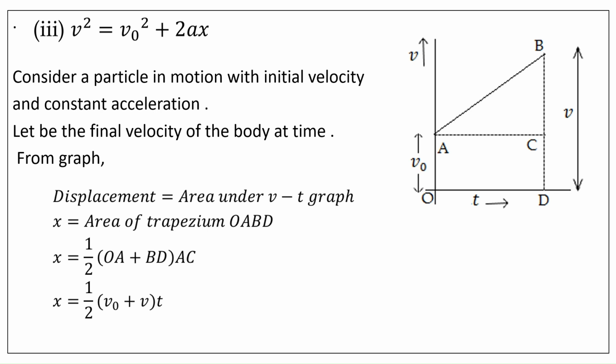That is, x is equal to the area of trapezium OABD. x is equal to 1 by 2 into bracket OA plus BD into AC. On substituting values, we get x is equal to 1 by 2 bracket v0 plus v into t.